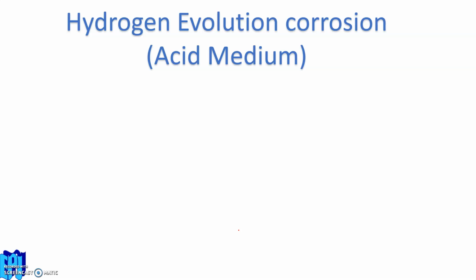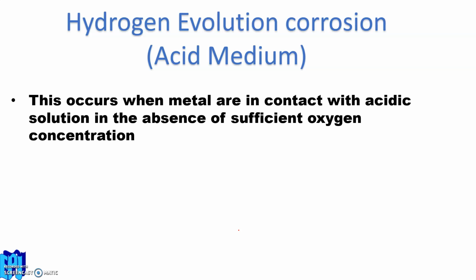We can say that the medium or the water or the system may be acidic, basic, or neutral. Let us discuss how this hydrogen evolution takes place in acid medium. The first point is that this occurs when a metal is in contact with an acidic solution in the absence of sufficient oxygen concentration.